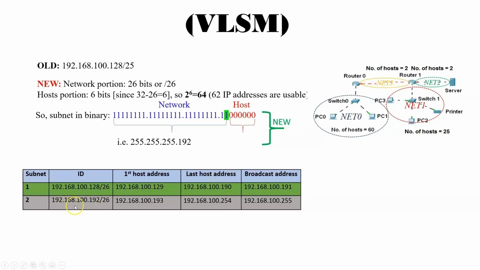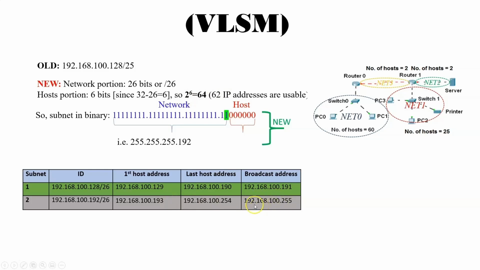Okay. So for the next subnet it is the same thing. The first host address is the next IP of the network ID. So if 192.168.100.192 is the network ID, then 193 is the first host. And remember, it's only six bits for the host. So 2 to the power 6, 64. So what happened?